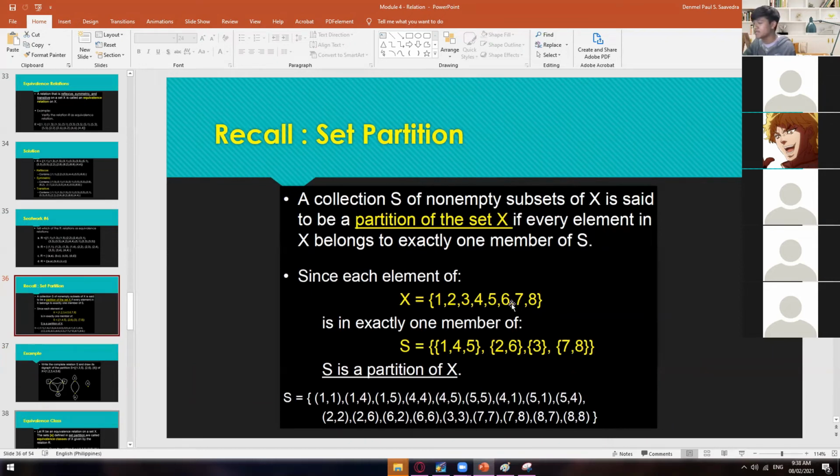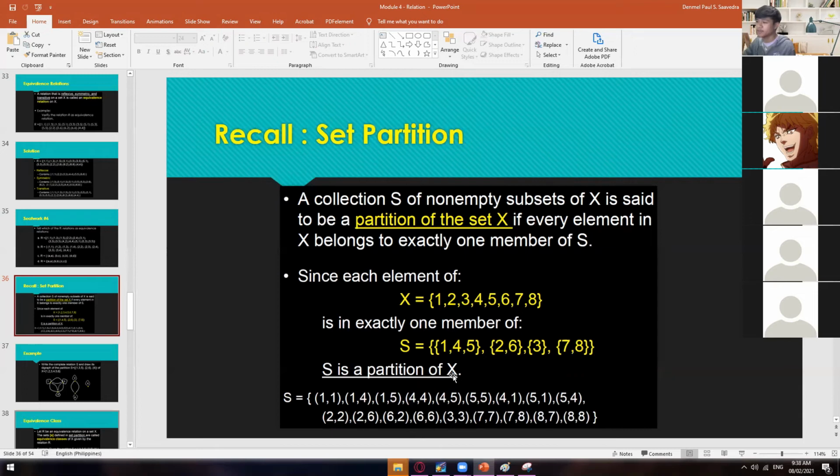If each has one member under one set, which is the same with this one, so we have {1, 4, 5}, {2, 6}, {3}, and then {7, 8}. As you can see, each element is under one set from this set. Then we could say that this set is a partition of that set. So you can see that S is a partition of X.